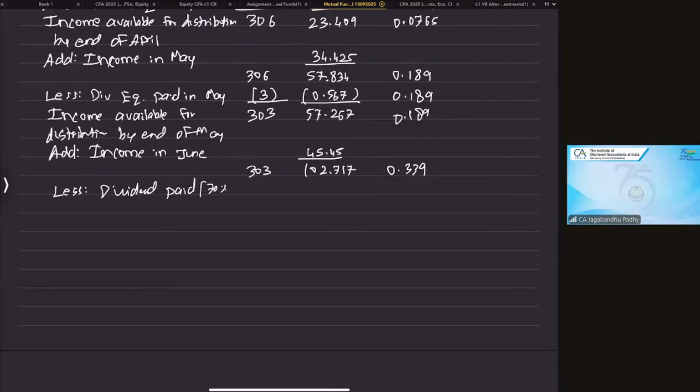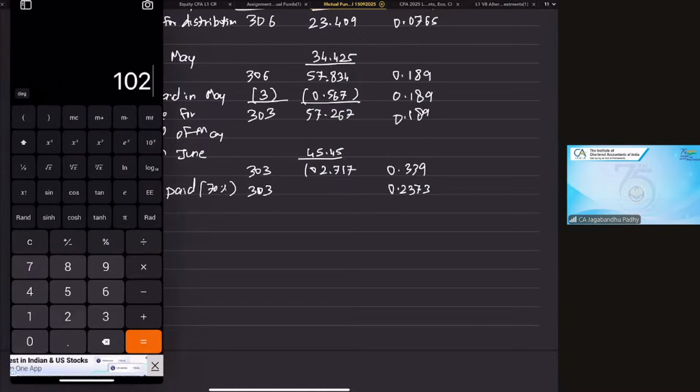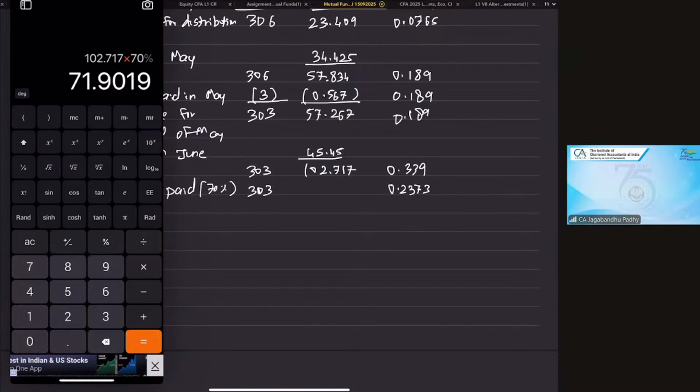Yes, sir. And the dividend is paid on 303 units. So amount wise, how much is being paid out? 102.717 into 70%, which is 71.9019. That's the dividend paid.